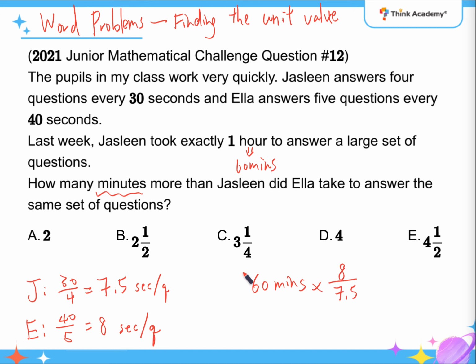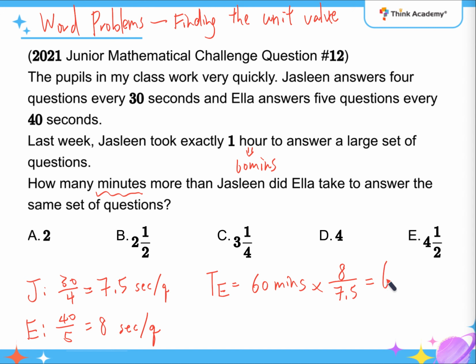So I'm dividing the time Jaslyn takes by the speed of Jaslyn and multiplying it by the speed of Ella, such that what we have here is going to be the time for Ella. So it's going to be 16 over 15 if you are just trying to make both of them integers by multiplying 2 on both sides.